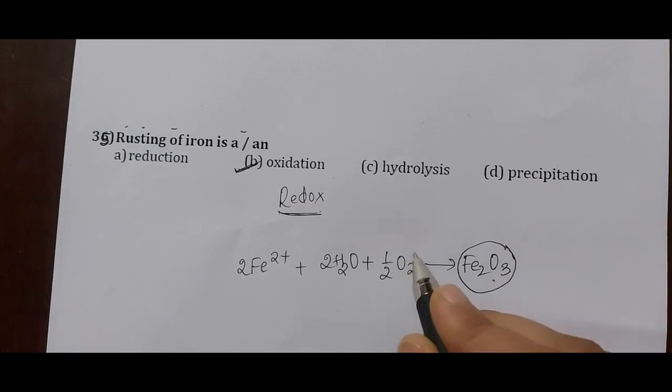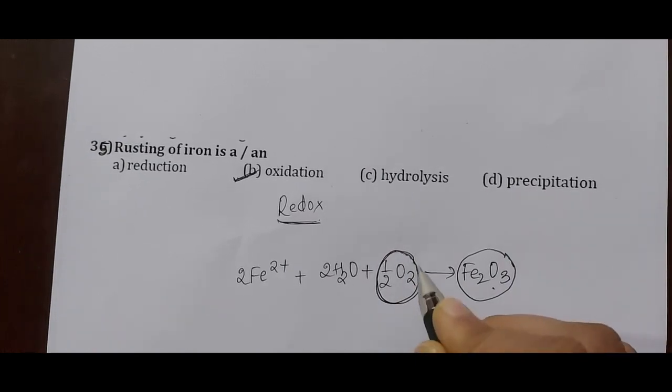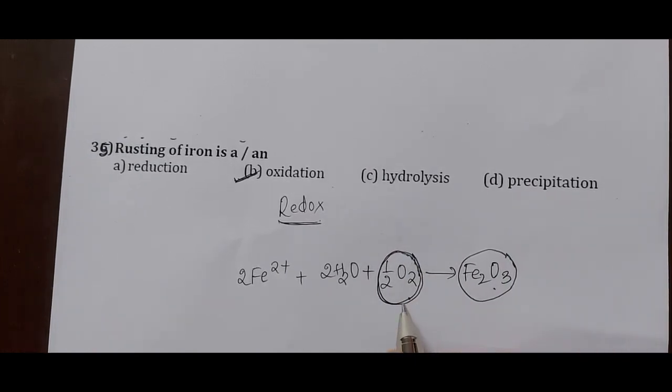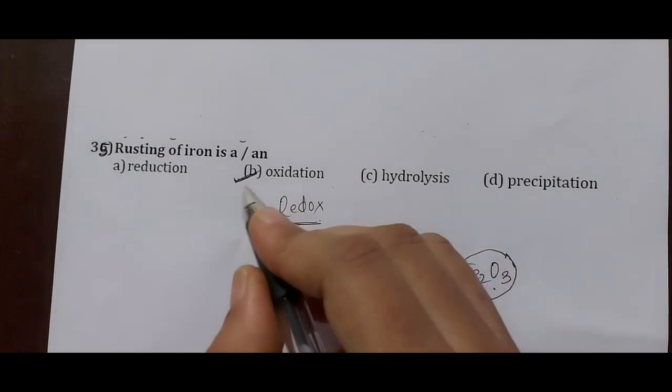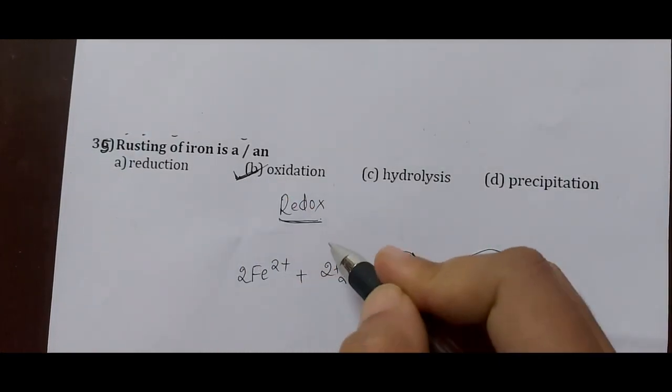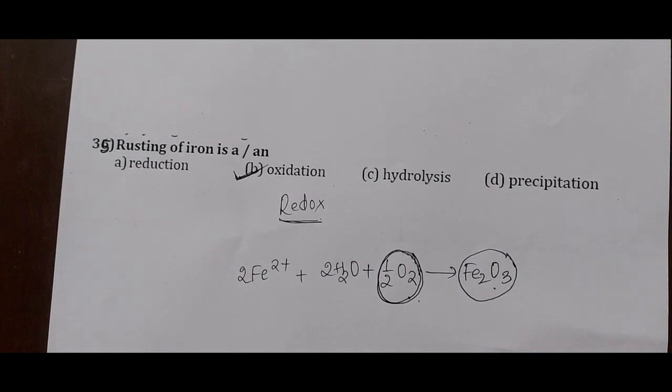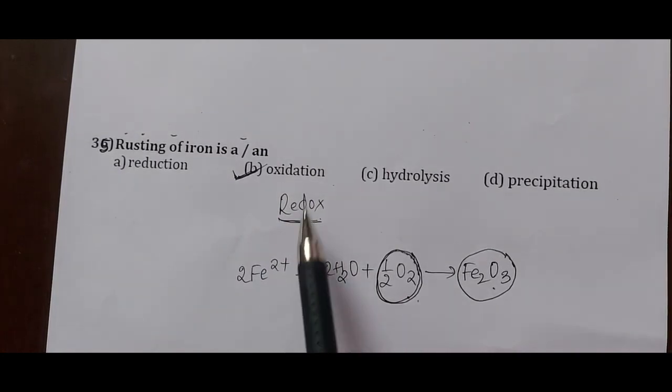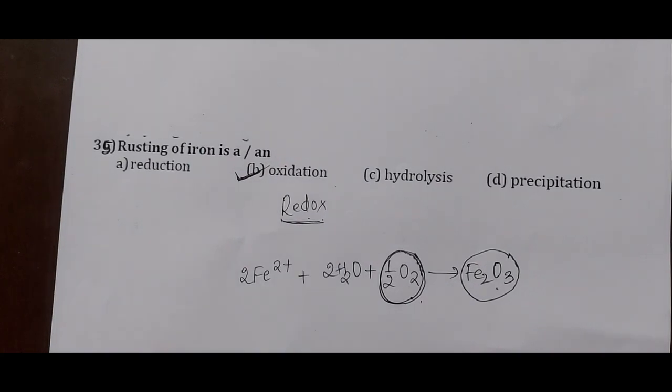So rust is formed by which reaction? Atmospheric oxidation reaction. Hence a suitable answer for this question would be oxidation. Overall, rusting of iron is a process which involves both reduction as well as oxidation reaction, and we could have considered it a redox reaction. But since this option is not given, the better answer would be oxidation.